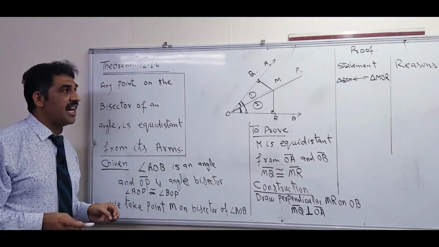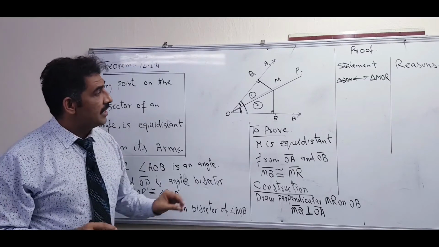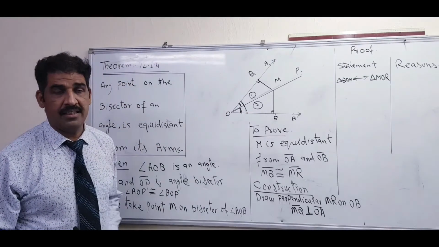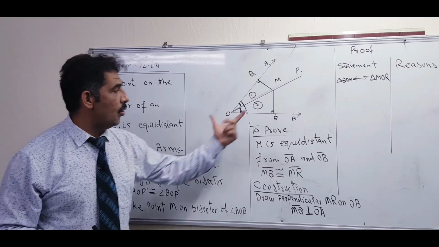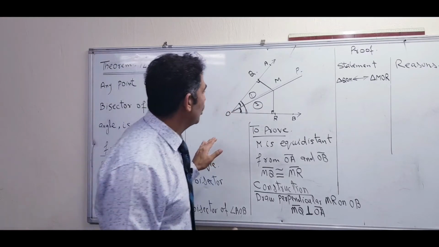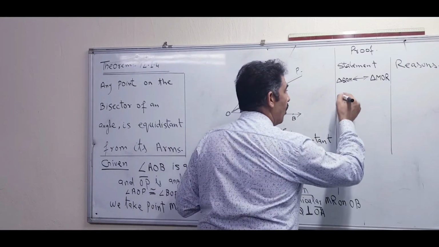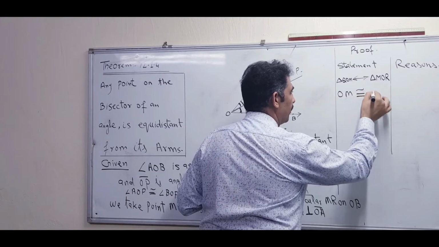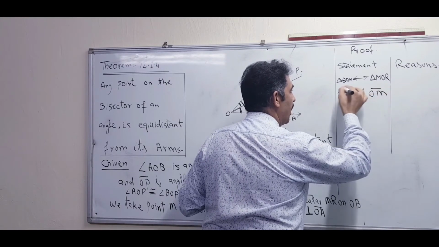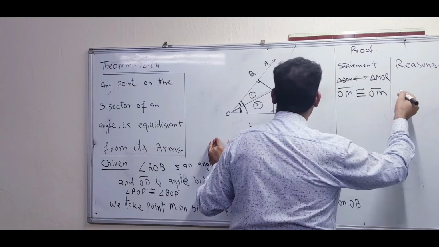So we will check that. First of all, what is congruent in these two triangles? Good. That one is that OM is common in both triangles, so we can say OM is congruent to OM, and its reason is that it is common.